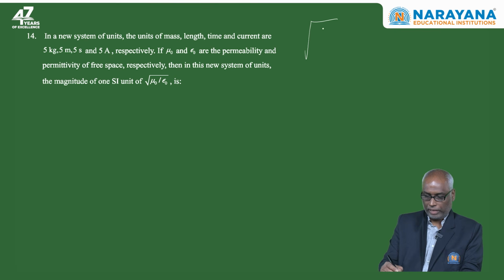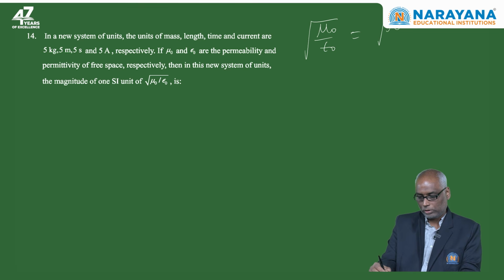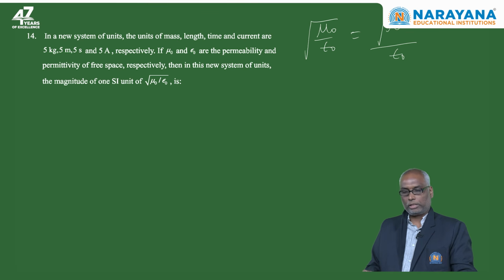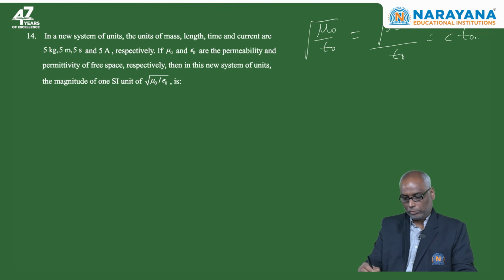To calculate this, I will multiply both numerator and denominator by epsilon naught. So root of mu naught epsilon naught divided by epsilon naught. Root of mu naught epsilon naught is 1 divided by c, so this value is 1 divided by c into epsilon naught.